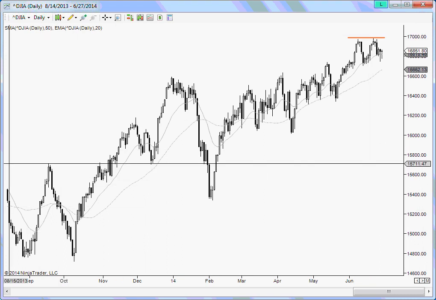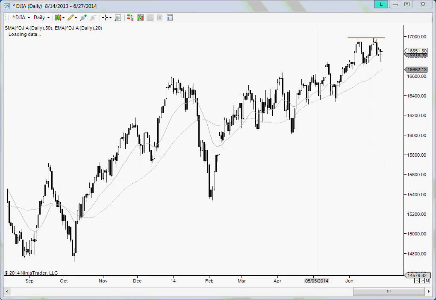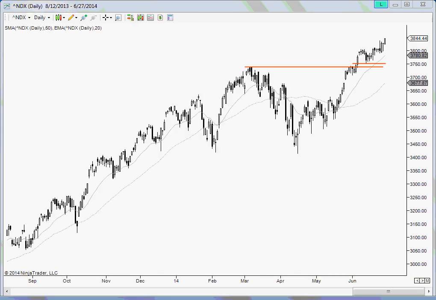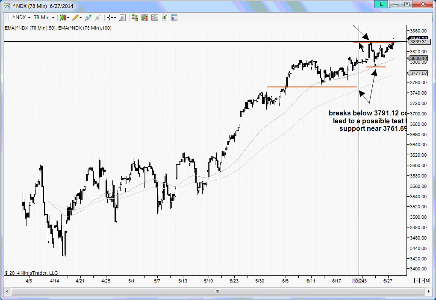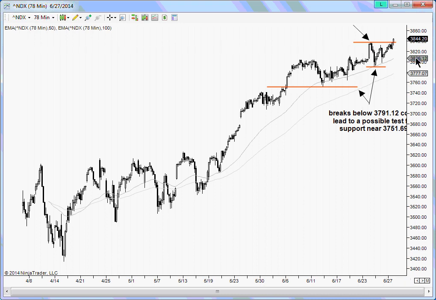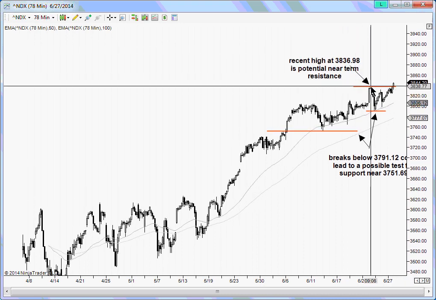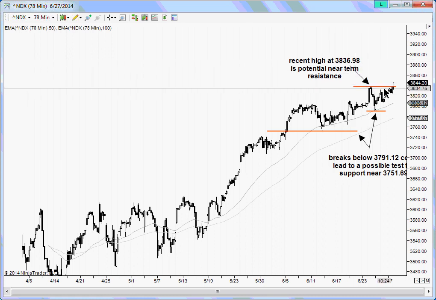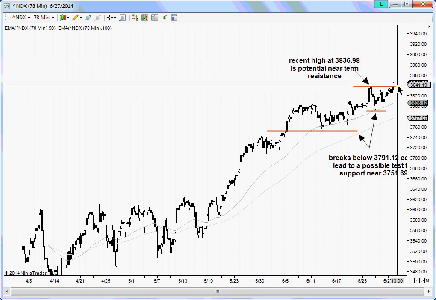Then we'll look at the Nasdaq 100, and again let's start off with the intraday chart. On the Nasdaq 100, we're talking about coming down and possibly taking out this high here, which is the 3836, 3837. On Friday, yesterday, during the last hour of trading, it actually went right through it.